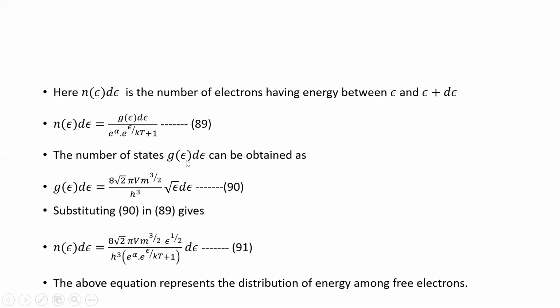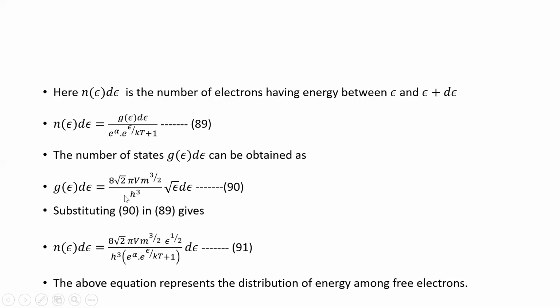And the number of states G(E)dE can be obtained as this one, 8 root 2 pi V m to the power of 3 by 2 by h cube into root E dE. This is the expression for G(E)dE. G(E)dE can be called the density of states or number of states, that is the energy states available between an energy range E and E plus dE.